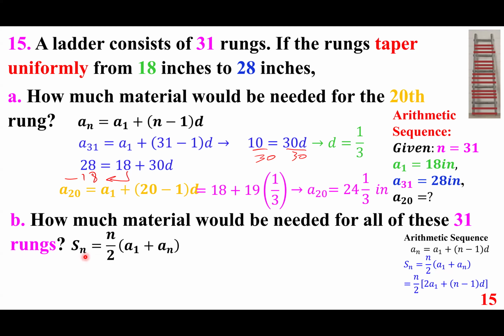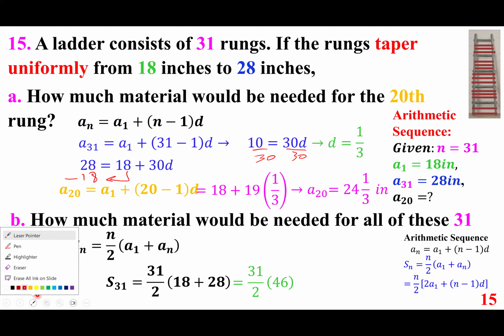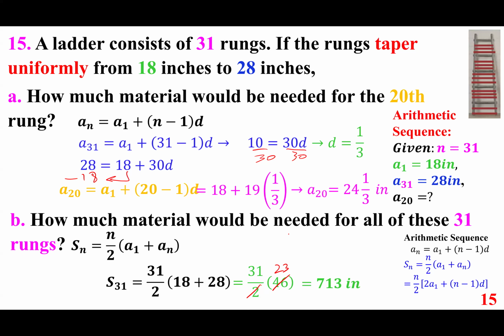So we want S sub 31. 31 over 2, 18 plus 28. 18 and 28 is 46. 31 times 23, 713 inches. That is the total material we need for 31 rungs.